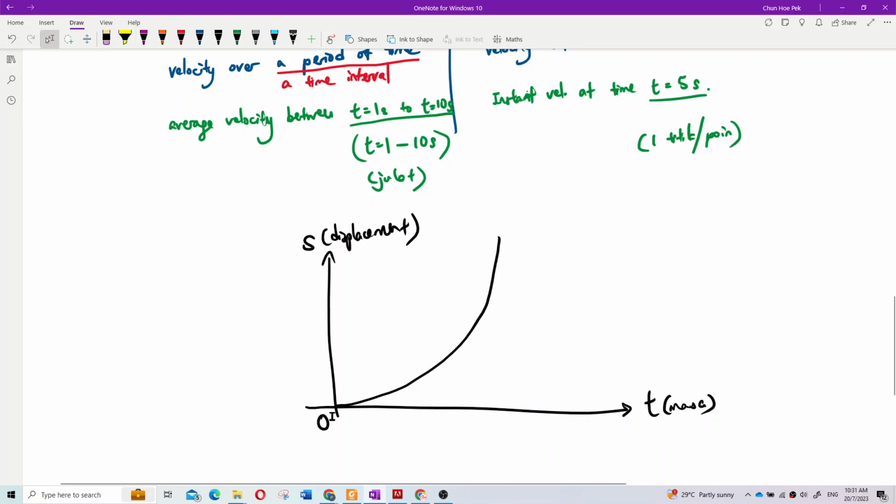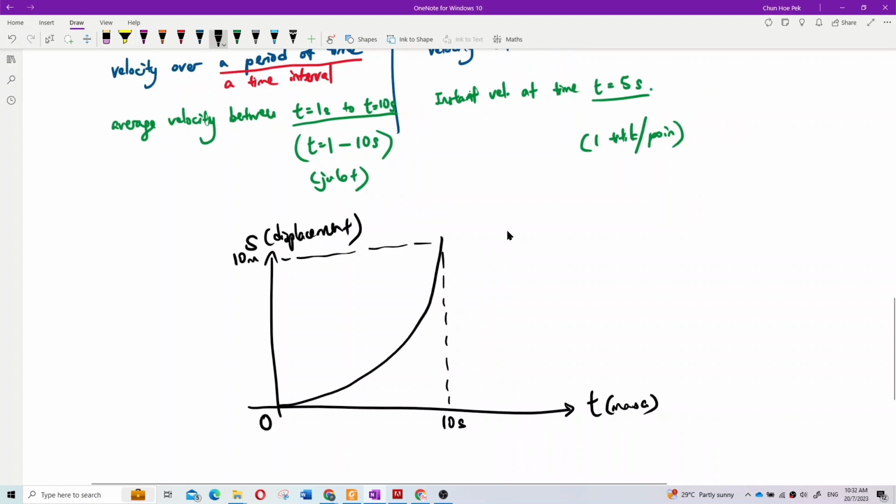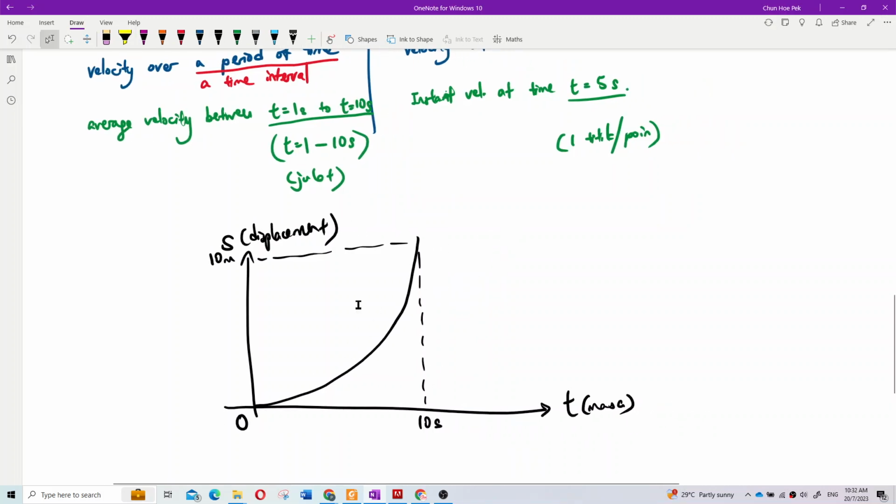Kereta ini sudah bergerak dari titik asalan. It moves from the origin and then moves up to, let's say, 10 meter. If from 0 second, from 0 meter it moves up to 10 meter in, let's say, 10 seconds. I like to give easy numbers. Apa maksud kelas?